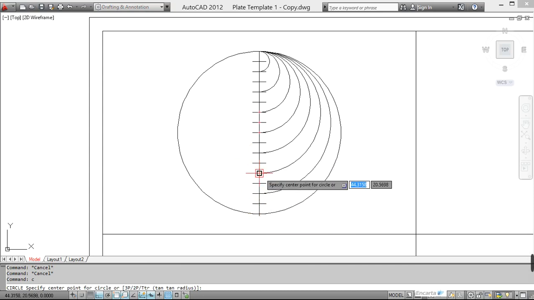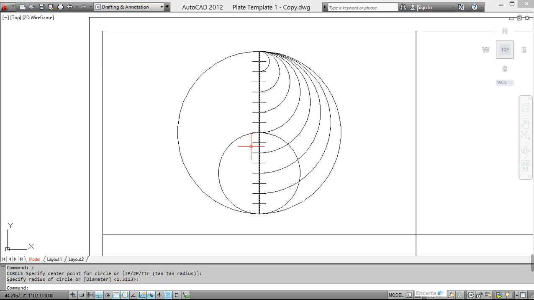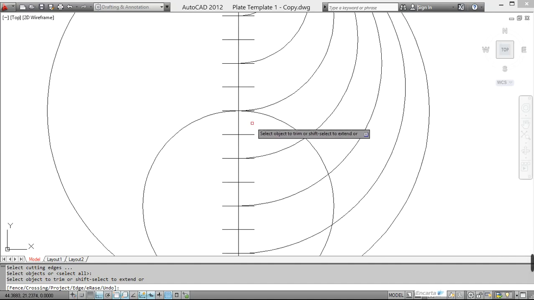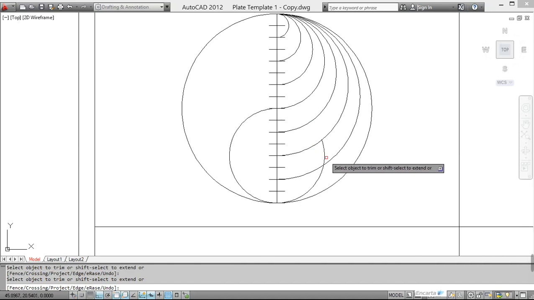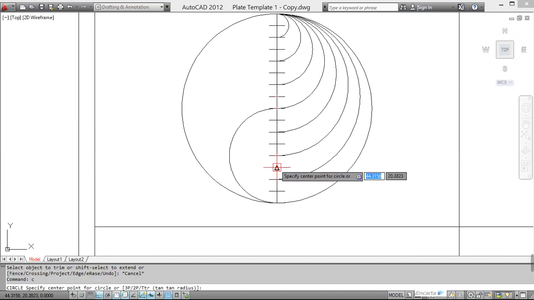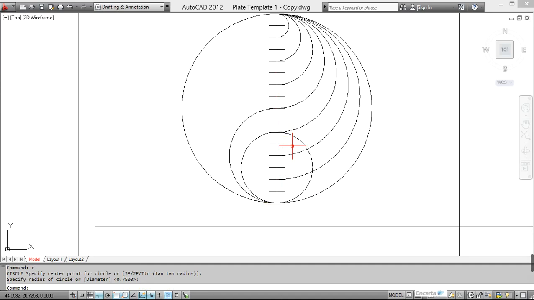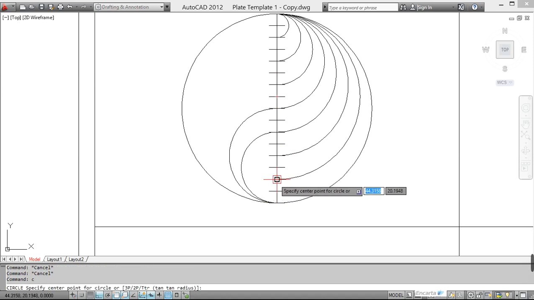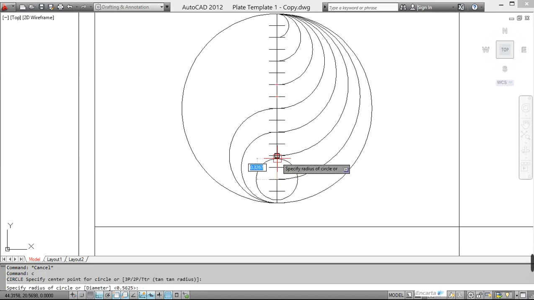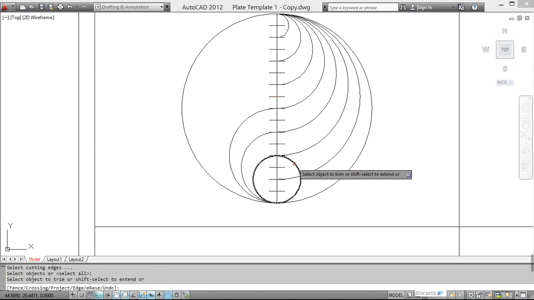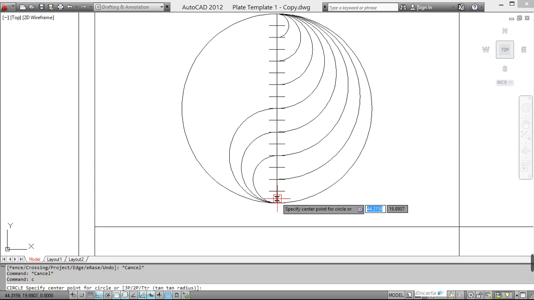we have 1, 2, 3, 4. Then 1, 2, 3. One, then 1.